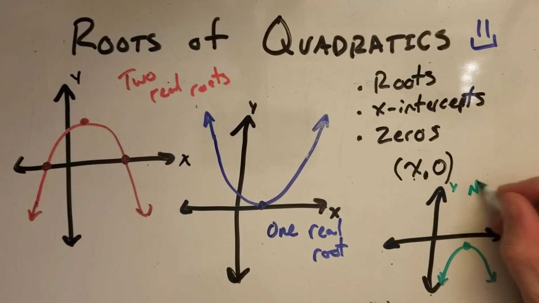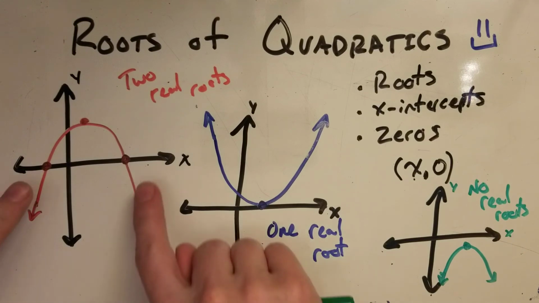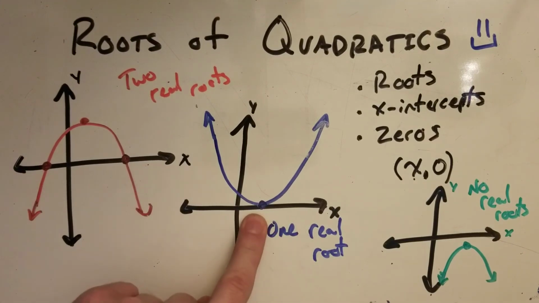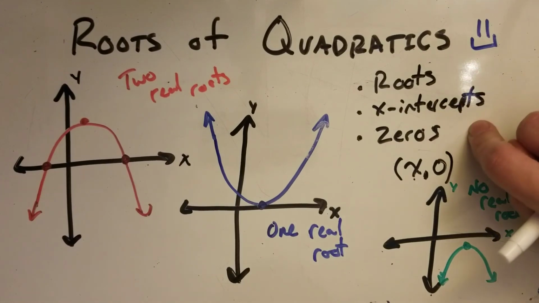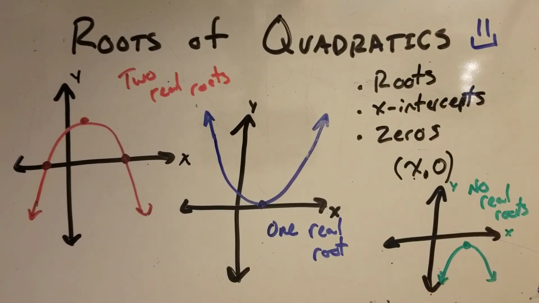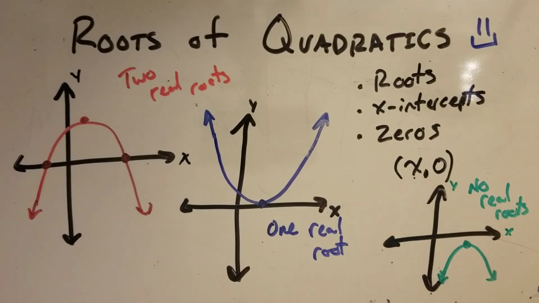So this would be an example of having no real roots. So these are your 3 scenarios. You can cross at 2 points, you can touch at 1, or you cannot touch the x-axis at all, and that's going to tell you how many roots you have. And to say what the roots are, you would have the ordered pair x, whatever your x value is, comma 0. If there are none, you would say there's no real roots.